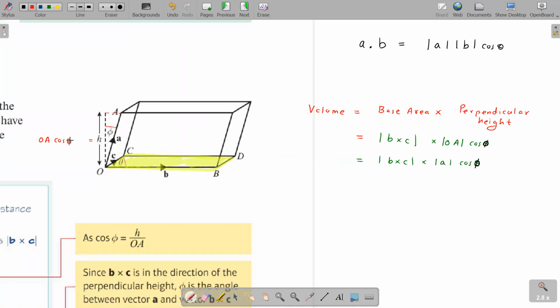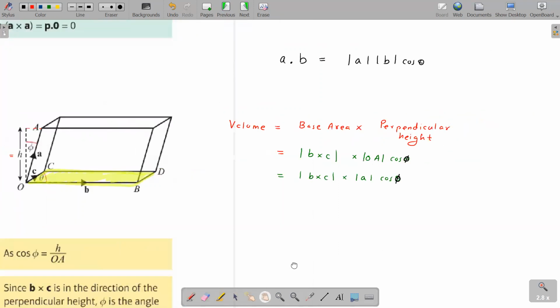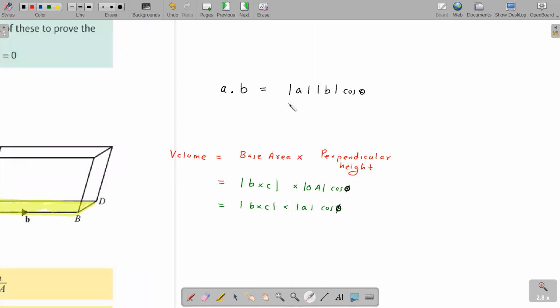Anyway, do you see that I actually have the dot product rule here? Modulus A, modulus B cos theta is A dot B. Likewise, modulus B cross C into modulus A cos phi is actually what? From the definition of the dot product, this can be written as B cross C dot A, or else we could say A dot B cross C, because both are the same.